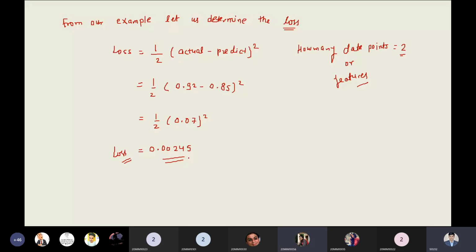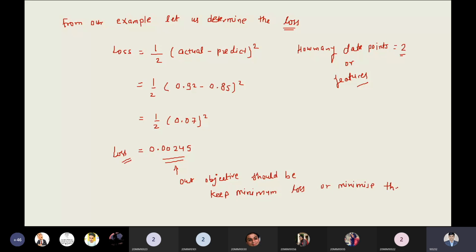But what is our objective? Our objective should be to keep the minimum loss, or minimize the loss.